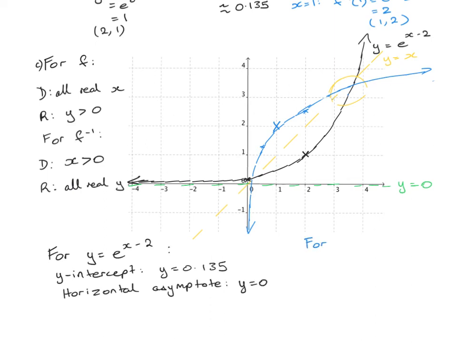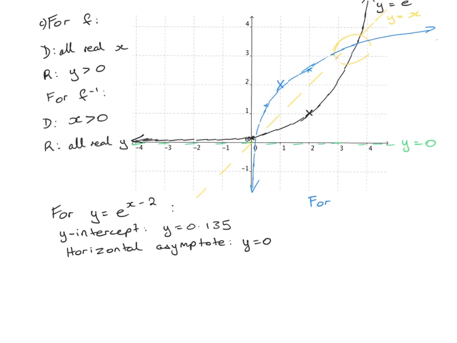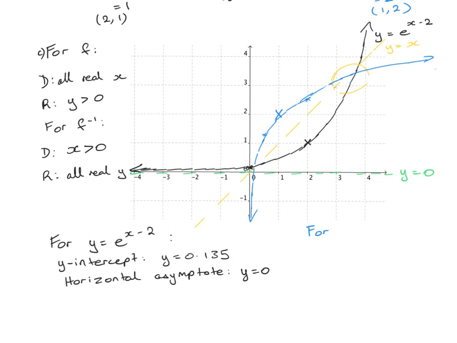For the inverse, which was ln x plus 2, or you could just say f to the negative 1, what have we got? We've got an x-intercept.